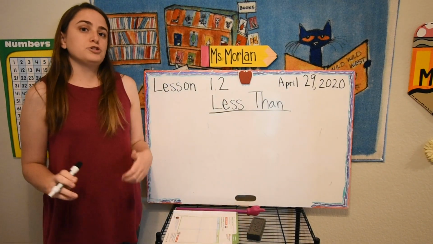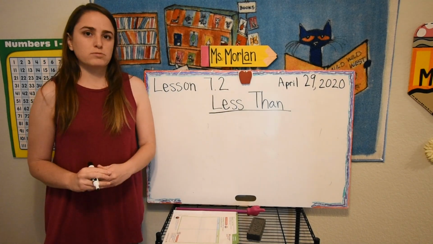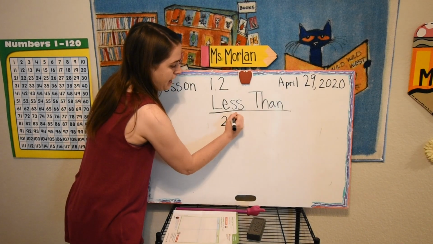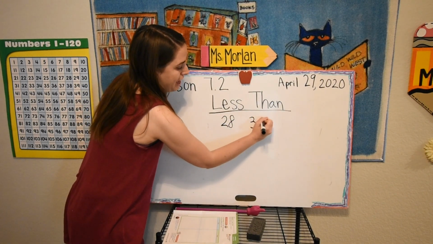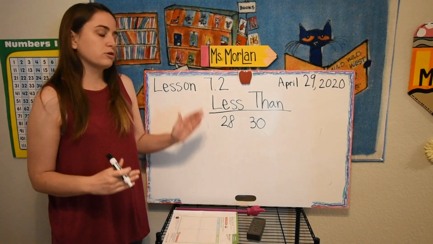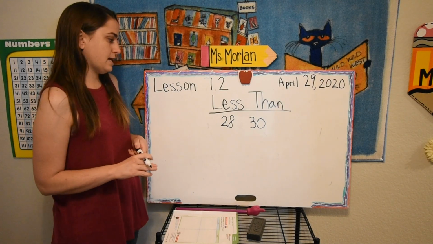Less than refers to the smaller number, right? Which one has a less amount, a smaller amount? So we're going to use those same numbers, 28 and 30. And just like greater than, you do it the same way, right? You're going to look at the tens place first. We always start with the tens place.